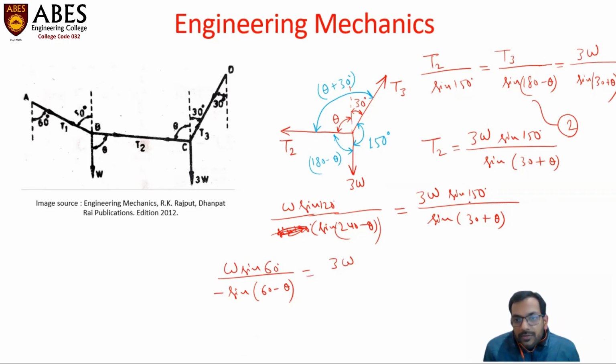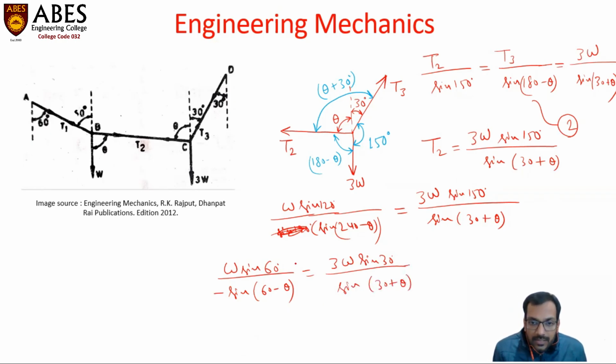Now what is sine 150? Sine 150 can be written as sine 180 minus 30 degrees, and sine 180 minus 30 is equal to sine 30. So we can write sine 30 upon sine 30 plus theta.